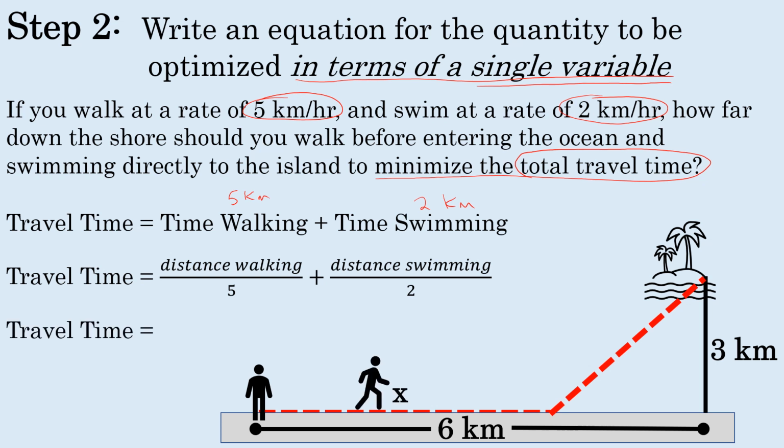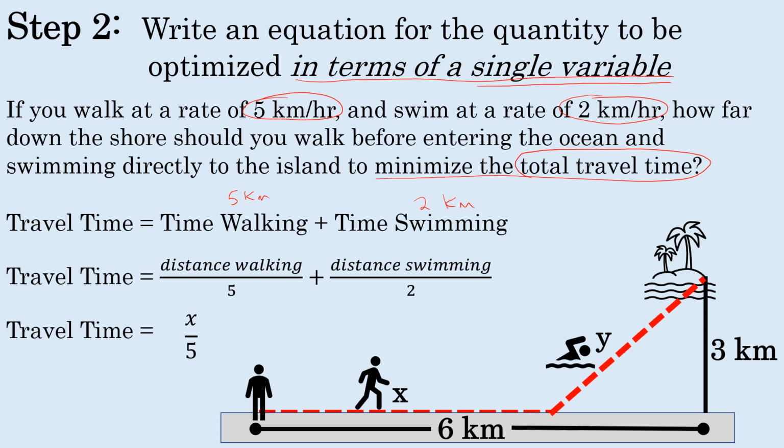If I choose to describe the distance walked with x, that means the total travel time would be x over 5, where x again is distance walking.